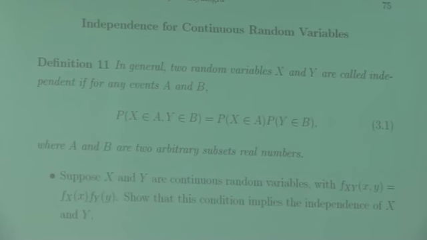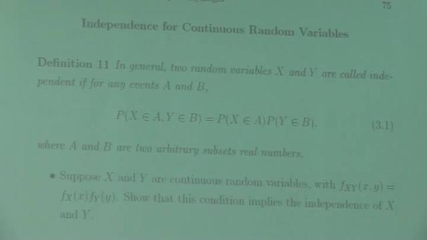So in general, two random variables, discrete or continuous, are called independent if for any two events A and B, the probability that x is in A and y is in B can be broken up into the product of the probability that x is in A times the probability that y is in B. If you can do this for any arbitrary sets A and B, then the two random variables x and y are said to be independent.